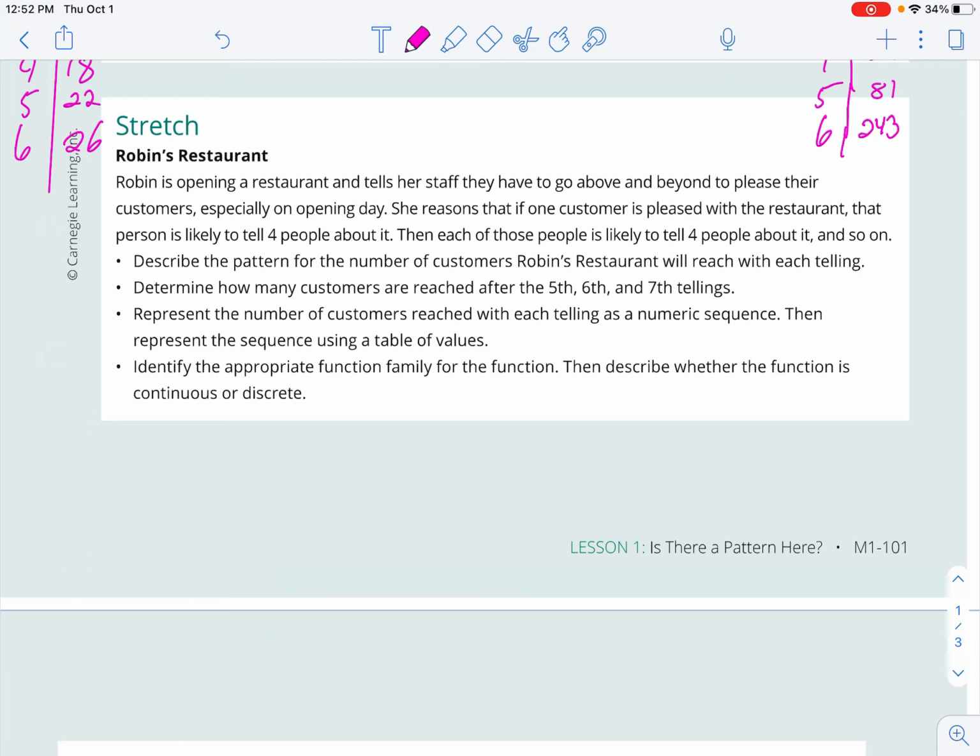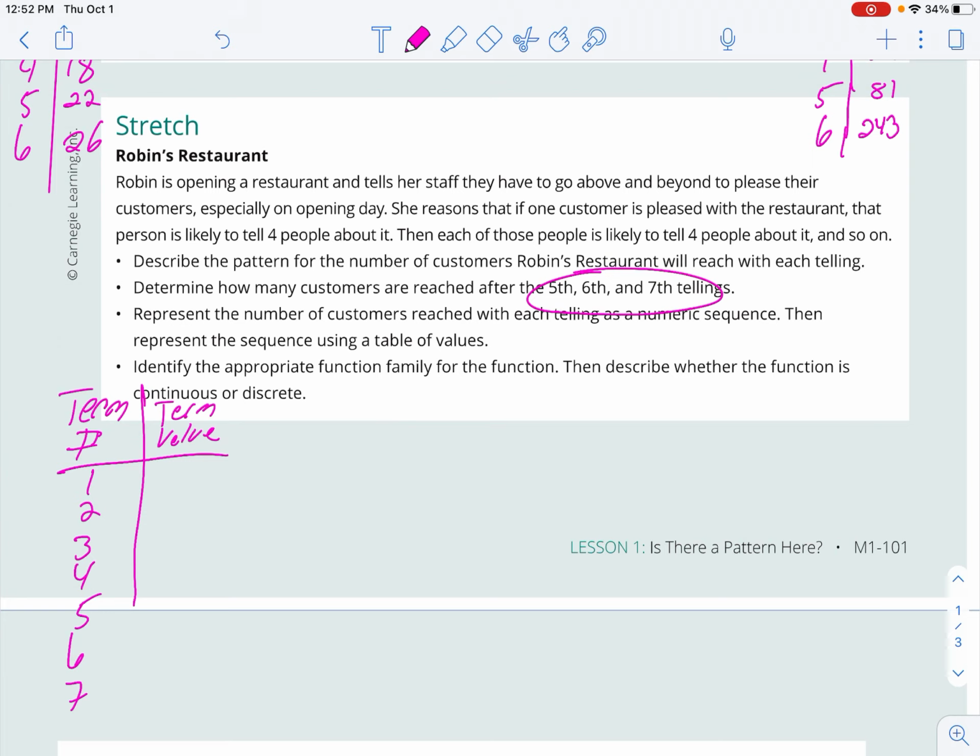Okay, so as we go through here, we want to do the same thing of organizing this into our table. So we're going to have our term number, our term value, okay?